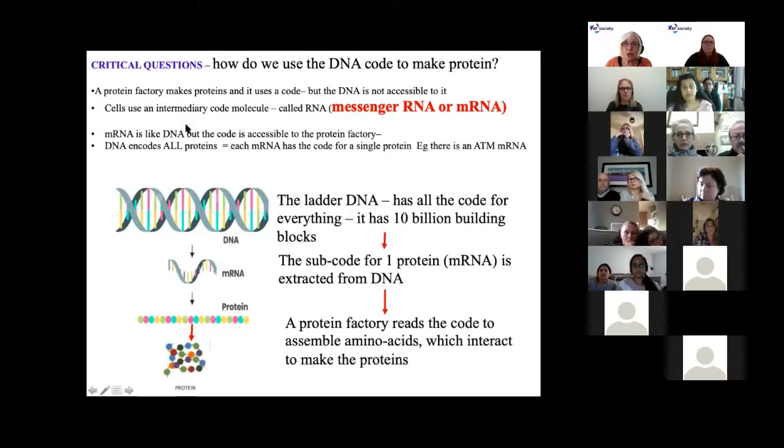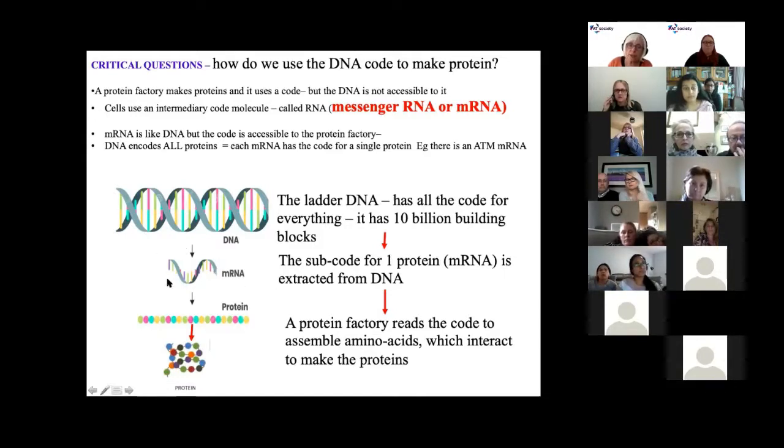So the messenger RNA is a bit like the DNA, but the code is accessible to that protein factory. So just to go through this, your DNA is a long, long molecule. It has all the information to make all the proteins that we're ever going to make in our bodies, something like 10 billion building blocks.